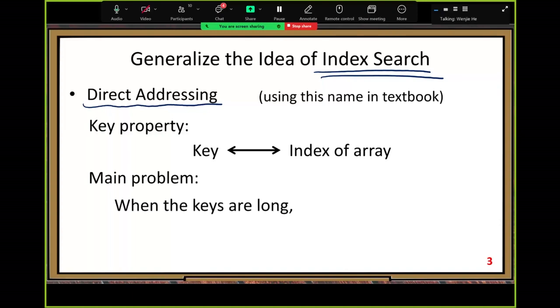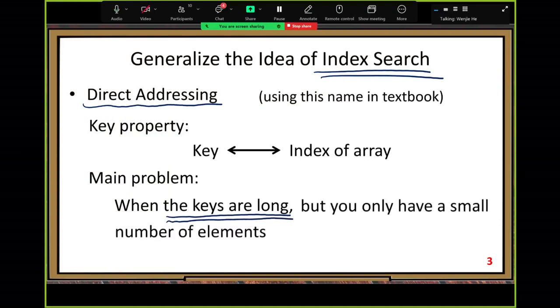The problem occurs when the keys are long, and you only have a small number of elements in the array. In your data, a relatively small number of data items, but the keys are long and long.